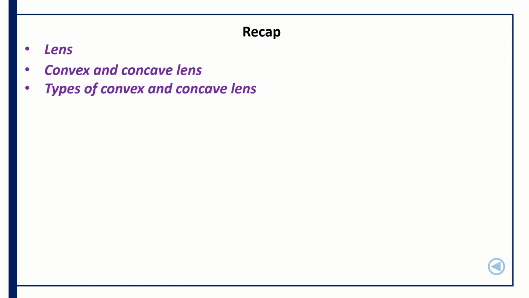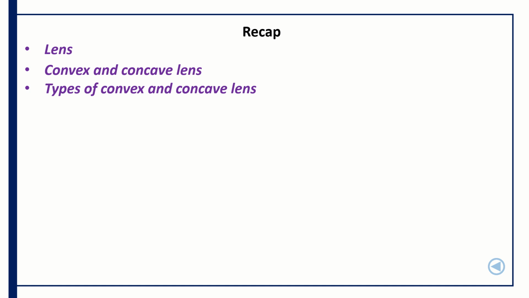Concave lens is a diverging lens. This lens diverges the light rays falling on it. So concave lens is thick at the edges and thin at the middle part or at the center. Such types of lenses are known as convex and concave lens.